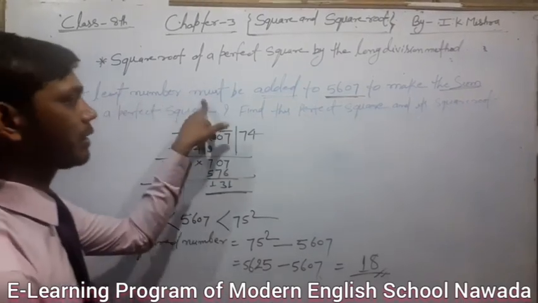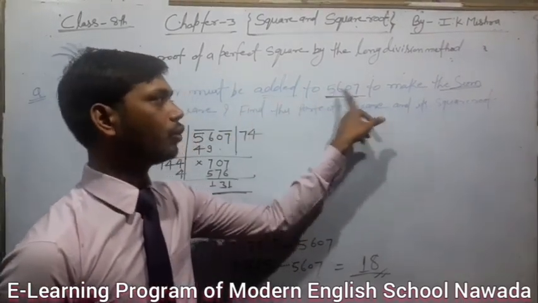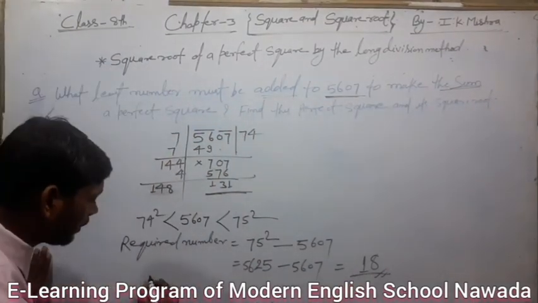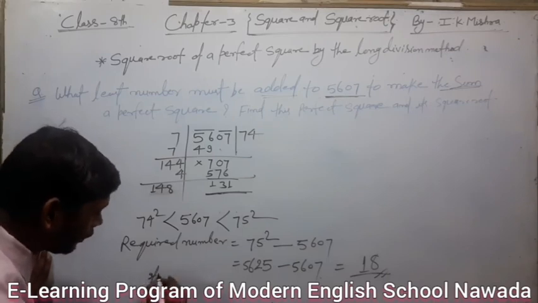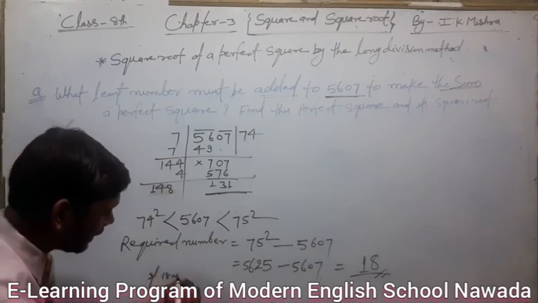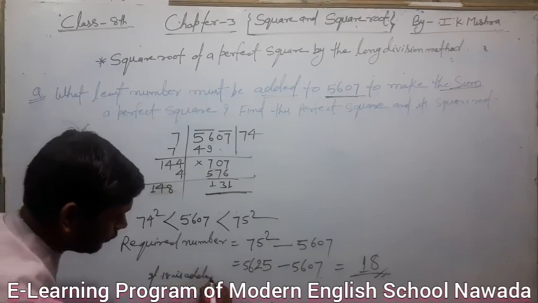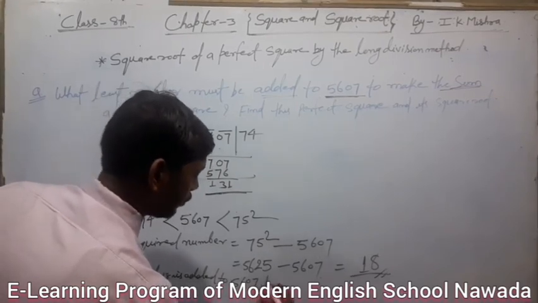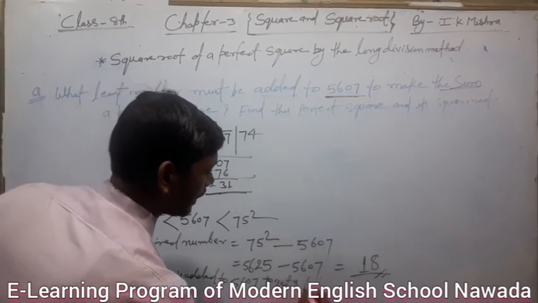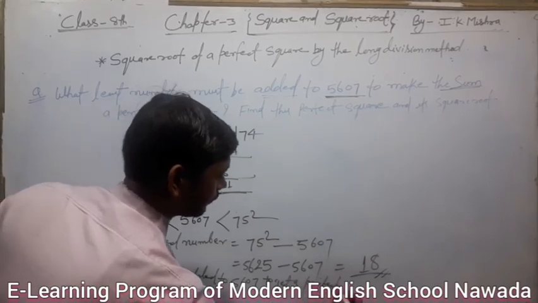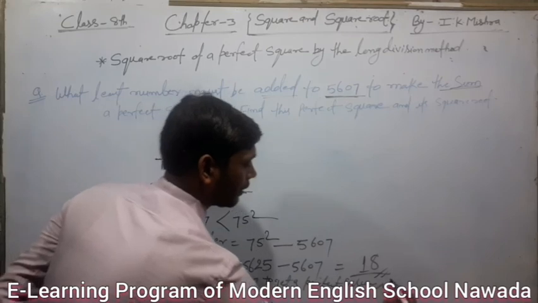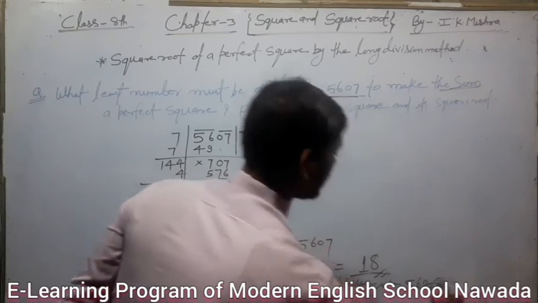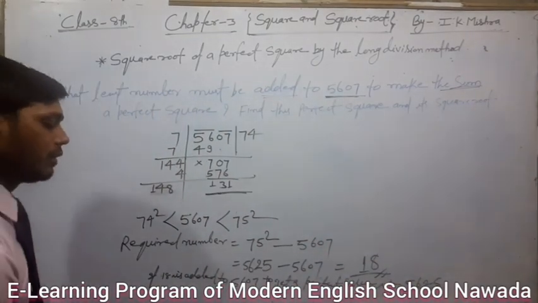For this part, what least number must be added to this number to make the sum a perfect square? If 18 is added to 5607 to get a perfect square number 5625, it is the perfect square of 75.